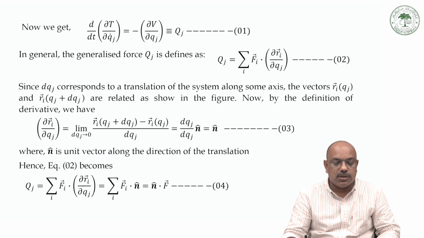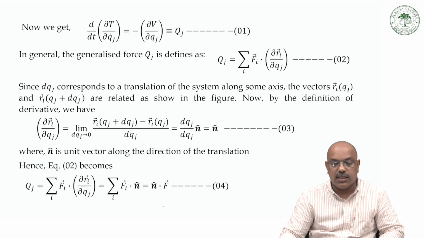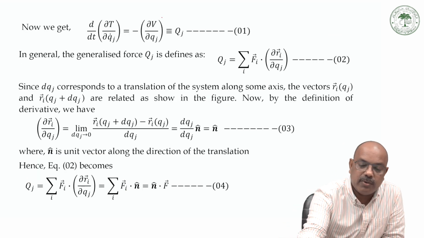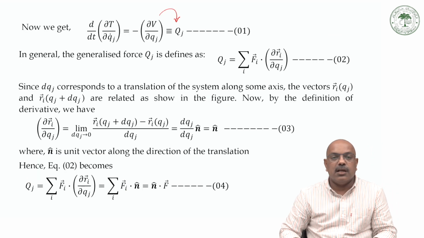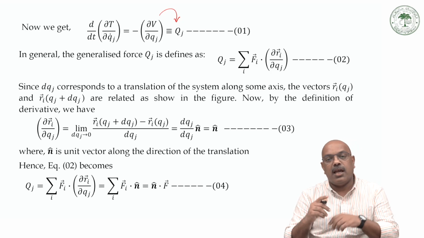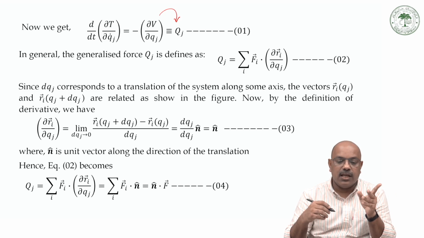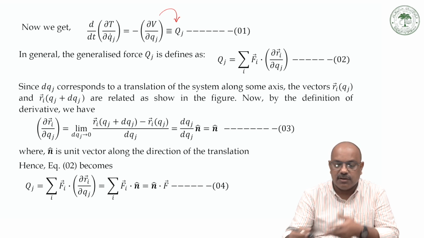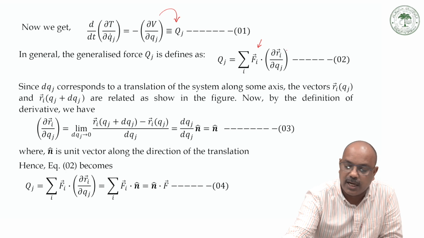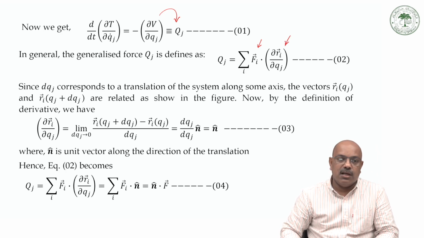This is equal to minus del V by del q, and as you know, this is my generalized force, because when my system is conservative, the conservative forces can be written in terms of the gradient of the potential, that is minus del V. We define our generalized force as the applied force dotted with delta ri upon delta qj.